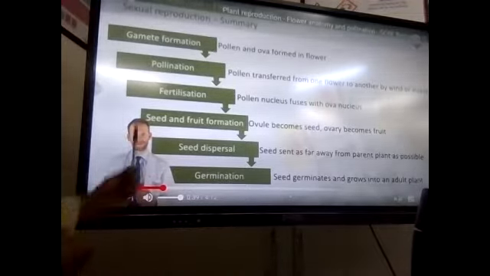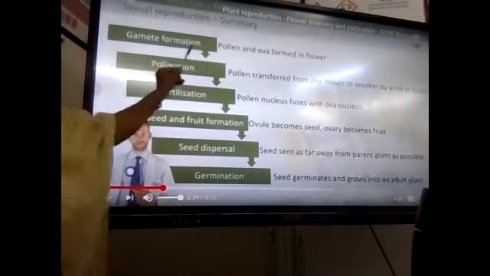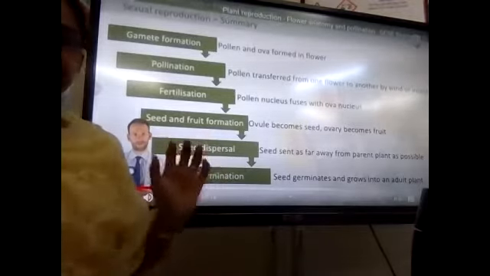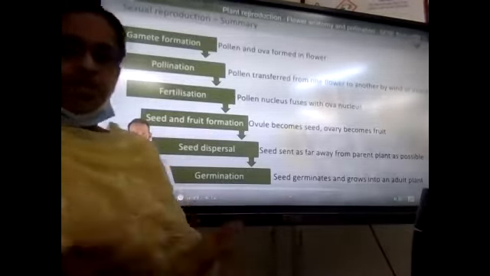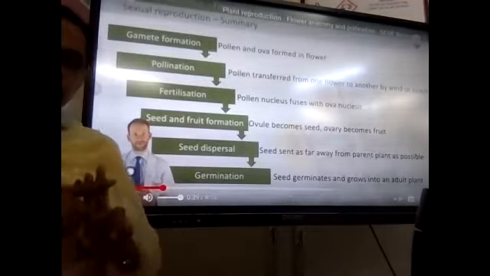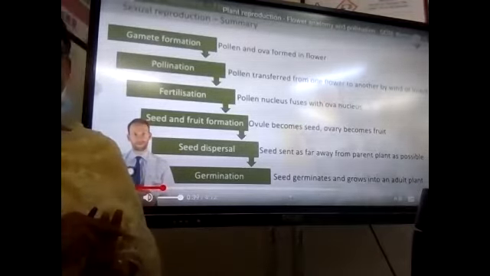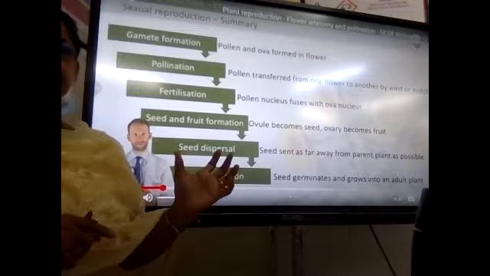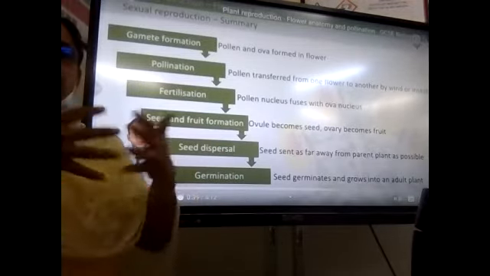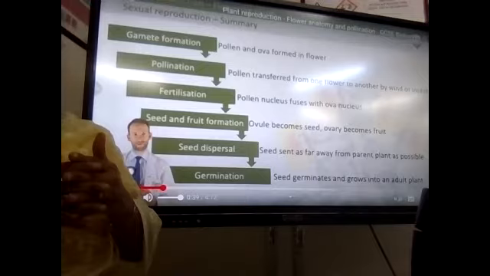Okay, first one is gamete formation. Gamete means the sex cells. Since it is sexual reproduction, yesterday we discussed, we need two parents. So from each parent, different sex cells will be coming and then both of them are joining together.